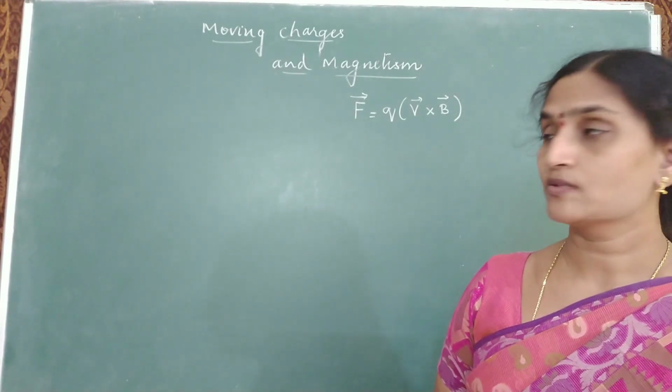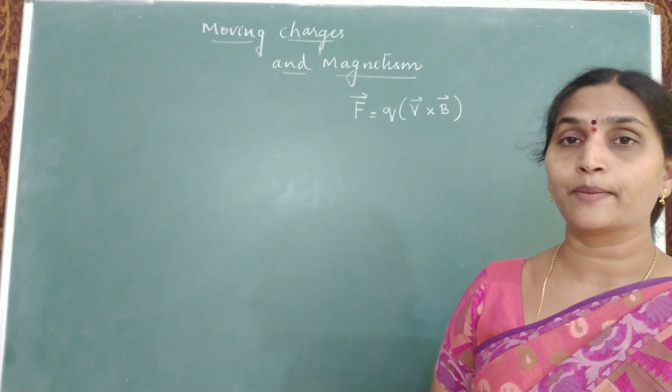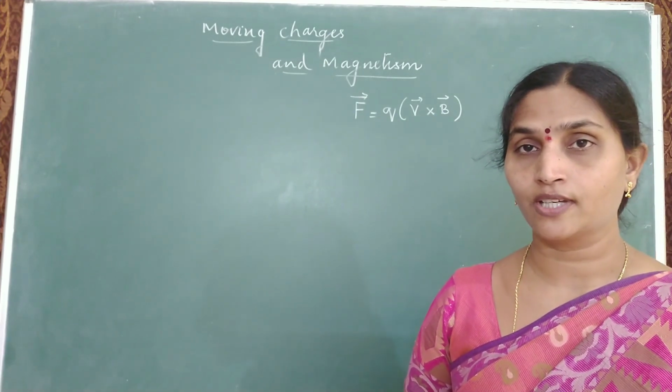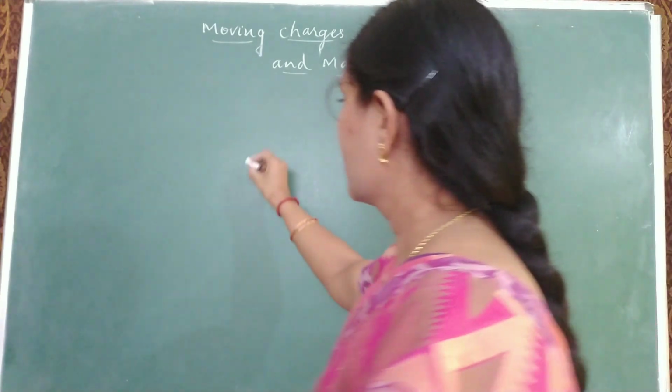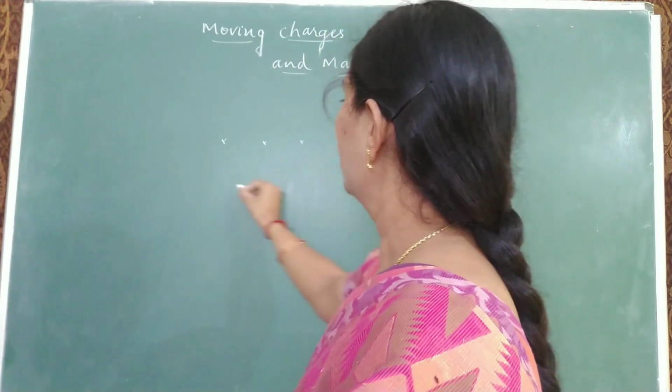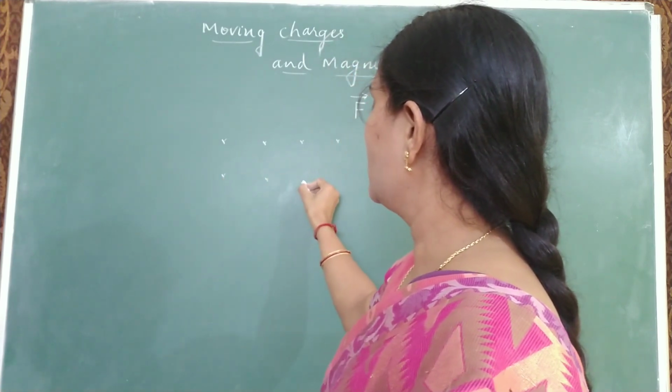But in today's class, we will be discussing what would happen when you place a current carrying conductor in a magnetic field. Let us suppose there is a uniform magnetic field directed into the plane of the board.